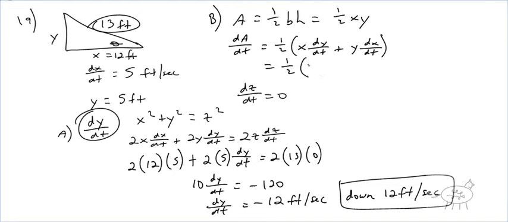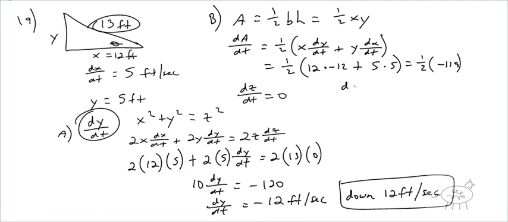X is 12. dy/dt is -12. Plus y is 5, and dx/dt is 5. So that gives us 1/2 times -119.